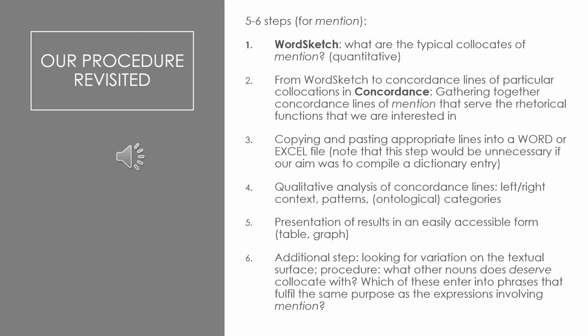Collocates are usually sorted by frequency. The second step took us from word sketch to the concordance lines of particular collocations in the concordance tool, and we gathered together concordance lines of mention that serve the rhetorical functions that we're interested in.